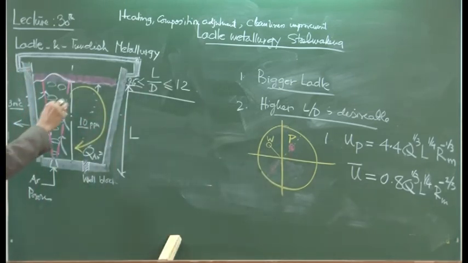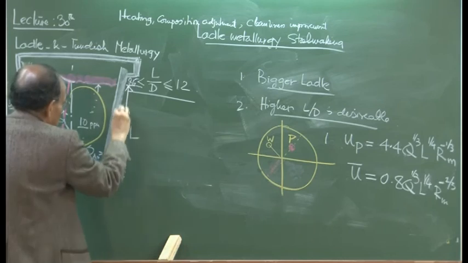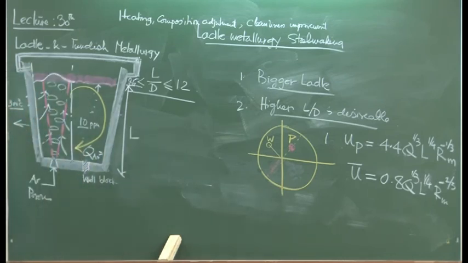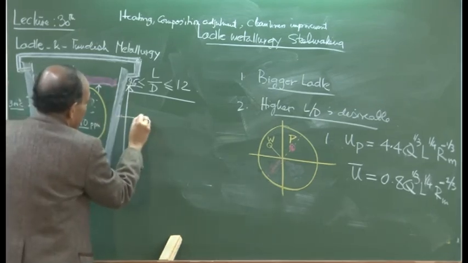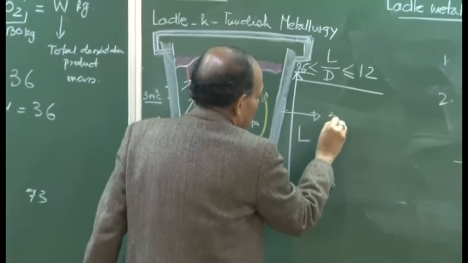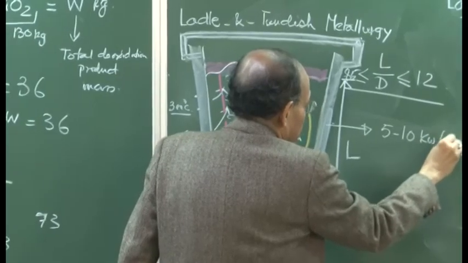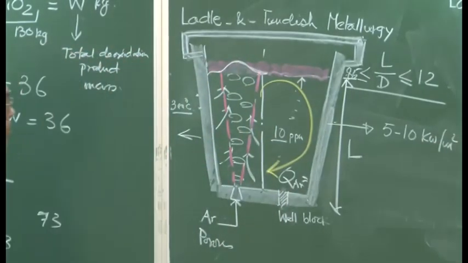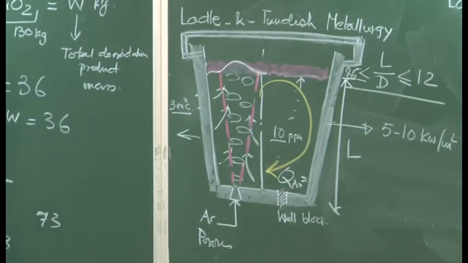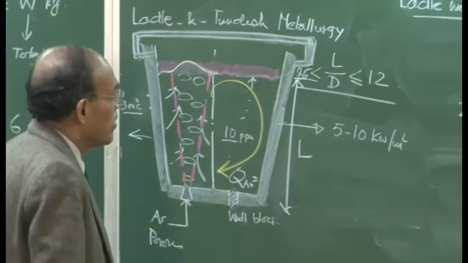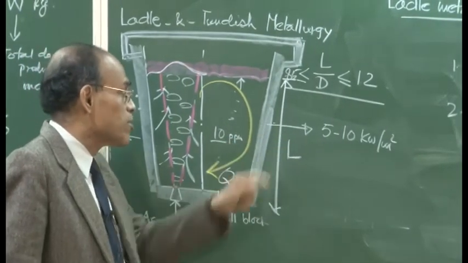Through the refractories, the surface temperature is 300, and if you measure the flux, it is somewhere about 5 to 10 kilowatt per meter square. That is the rate at which the ladle, or the melt, is losing heat to the surroundings.